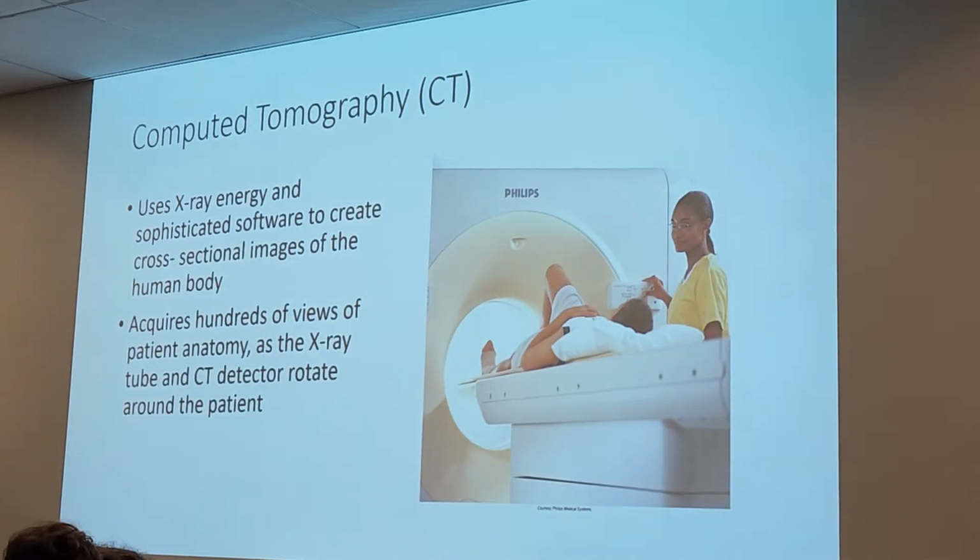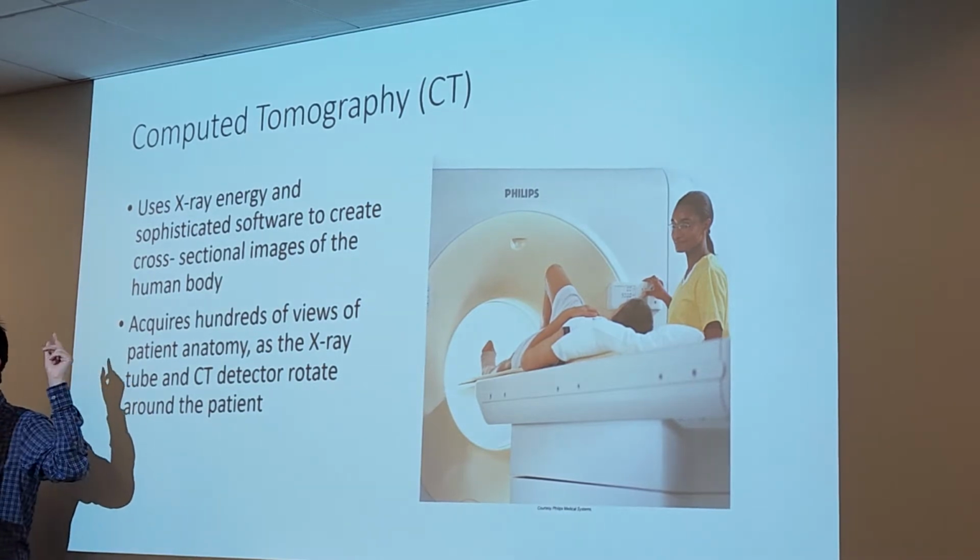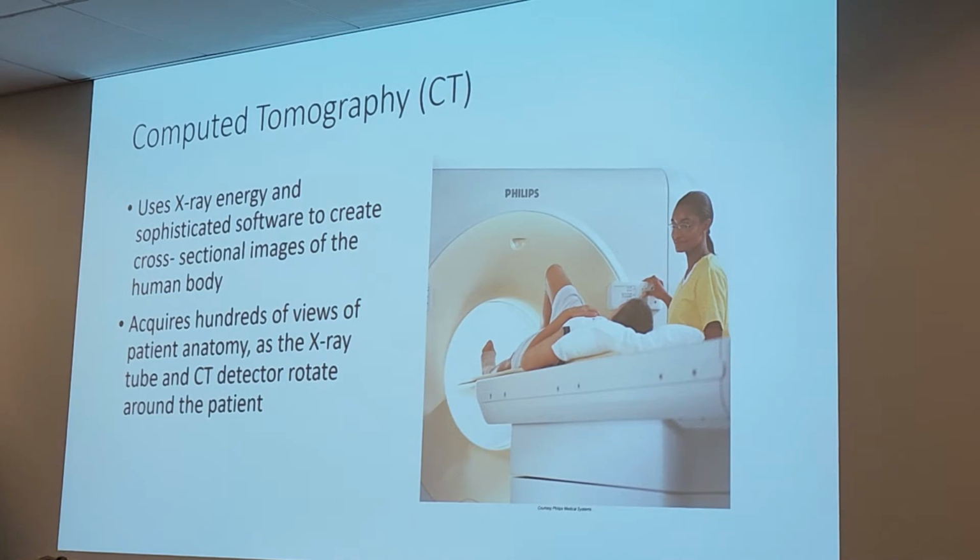CT, computed tomography, or if you talk to someone a bit older, they might call it CAT scan, computed aided tomography. Okay. So this uses X-ray energy, but it combines it with some really sophisticated software to create what are known as cross-sectional images of the human body. So instead of looking at the whole body at one time, or all the anatomy in an area at one time, like with X-ray, you get to look at slices, small pieces of the patient at one time.